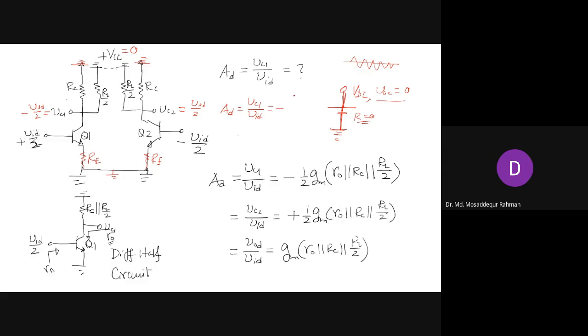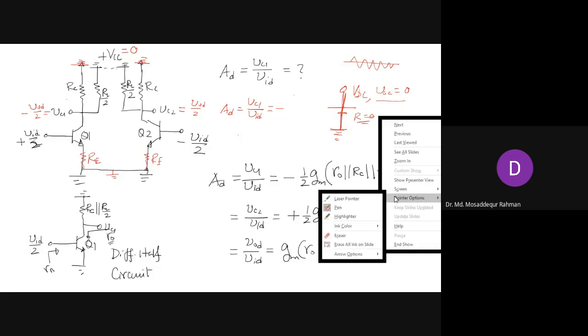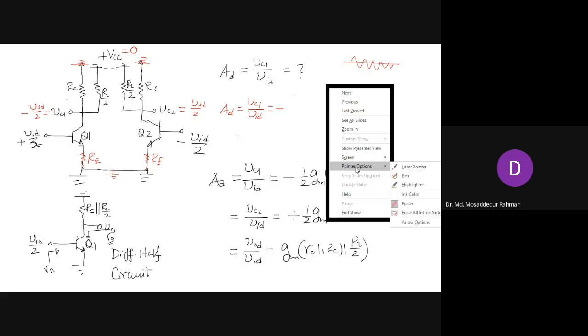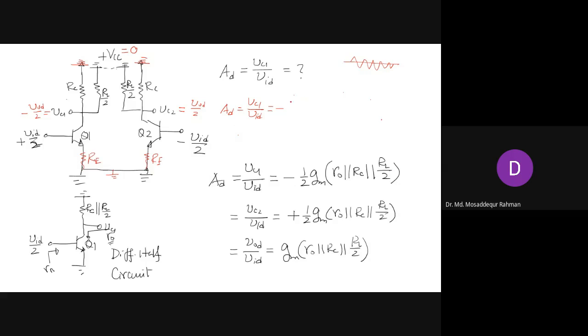Resistance in the collector in this case will have RC in parallel with half of RL. So that will be resistance in the collector, divided by resistance in the emitter, that will be half, and then small r pi plus capital RE.